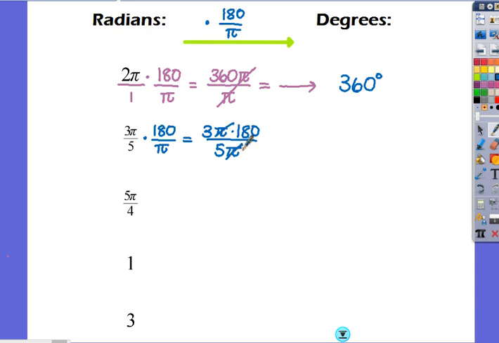And maybe we can just reduce, like I said, if you're going to take the 180 and split it into fifths, each of them would be 36 degrees. And then we're taking 3 times 36, which is 108. So 108 degrees is the same thing as pi split into fifths and taking 3 of them.